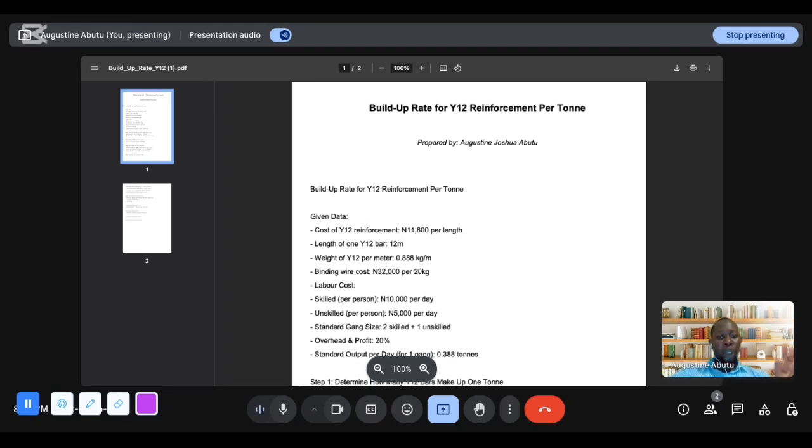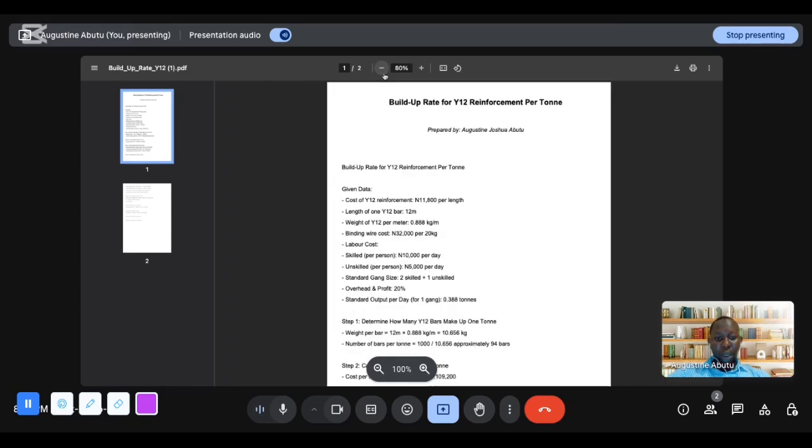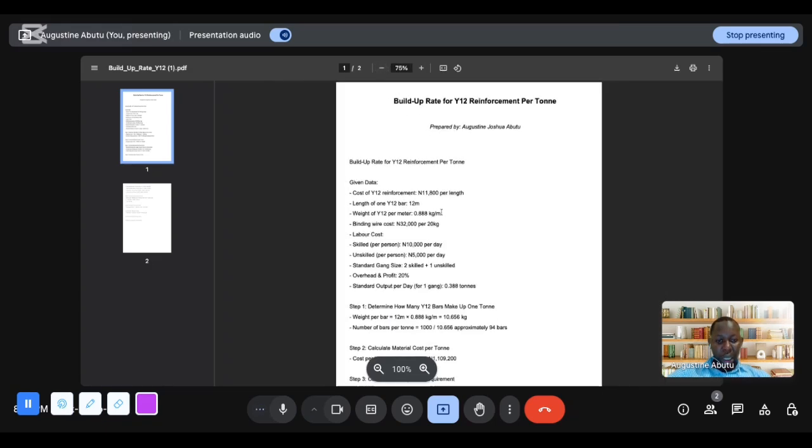Now, the reason why I'm using all of these formulas is because we want to know how many lengths are in one ton, so that we'll be able to know the cost of one ton. Hope you are following, right? So now we have the weight in kg. You multiply the weight by the length of one bar. The length of one bar is 12 meters. So you multiply the weight in kg, 0.888, by 12.